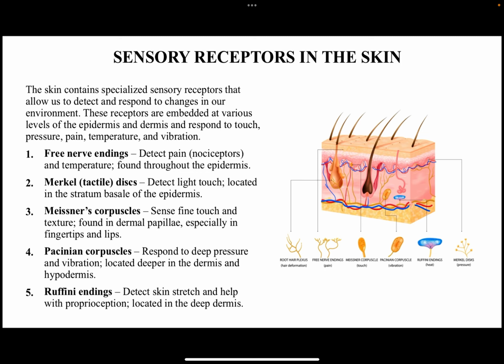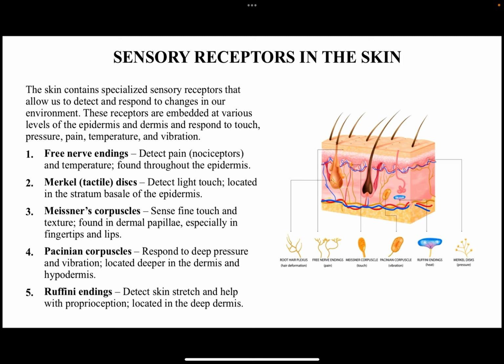So these are all different kinds of sensory receptors. In an exam, you can be asked, with a well-labeled diagram, to explain or describe the sensory receptors in the skin, indicating their functions.